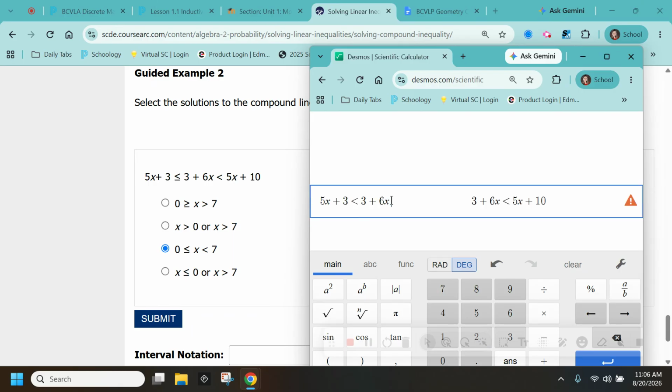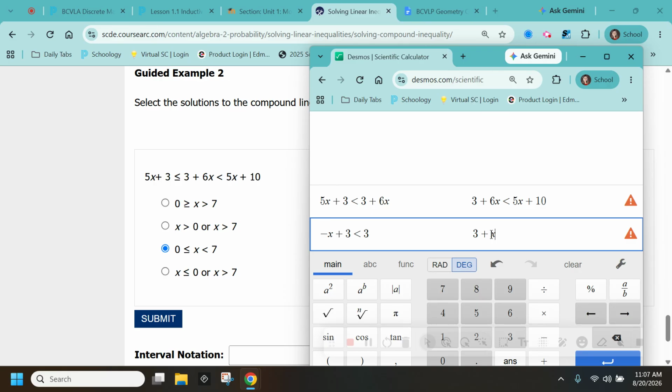So for this one, again, I'm going to always start by moving that x that's on the right-hand side over here. By subtracting 6x from both sides, I have negative x plus 3 less than or equal to 3. On this one, subtract the 5x to this side, and I have 3 plus 6x minus 5x is 1x less than 10.